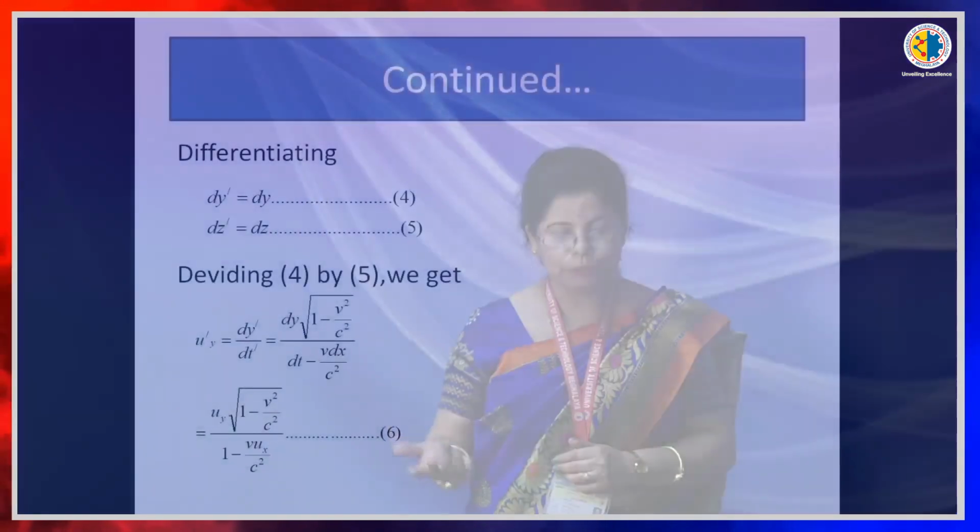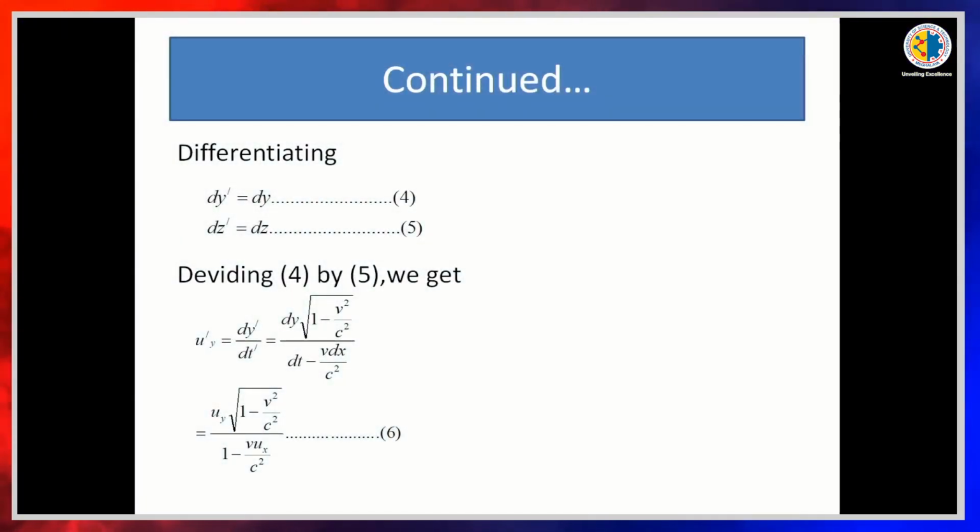Now, again differentiating y equal to y dash and z equal to z dash, we get equations 4 and 5: dy dash is equal to dy, dz dash is equal to dz. Now, dividing equation 4 by equation 5 is a mistake; we divide the term dy dash by dt dash.